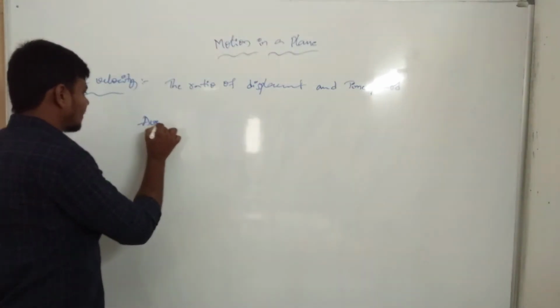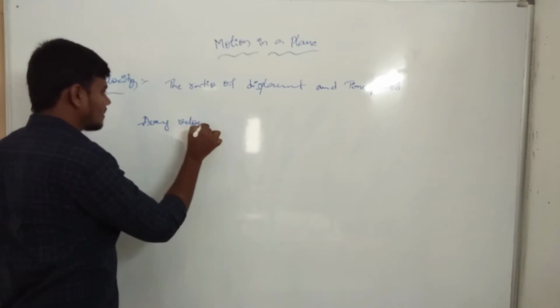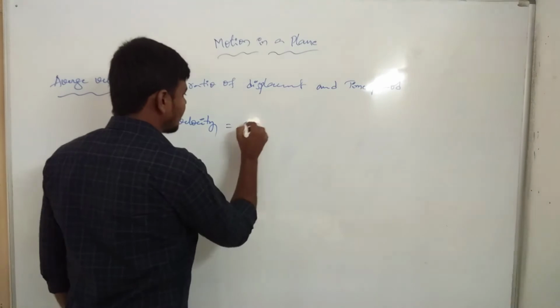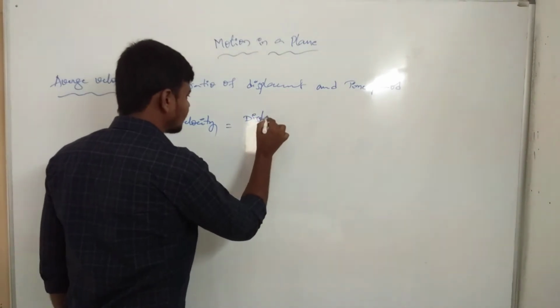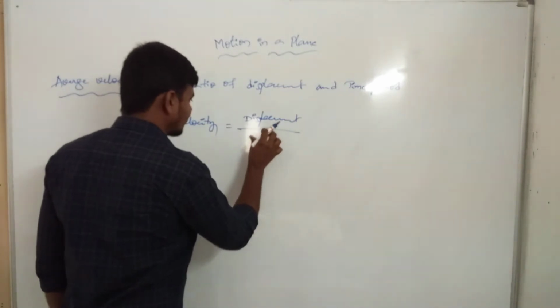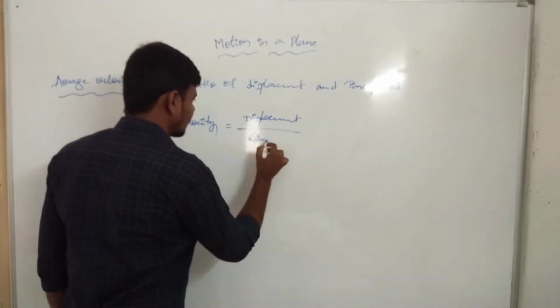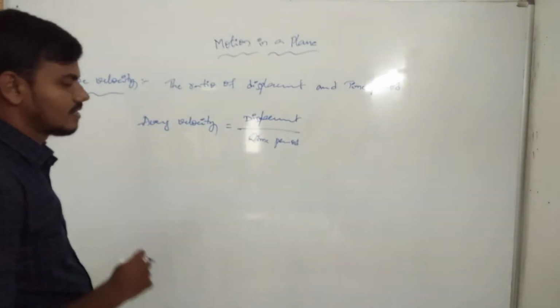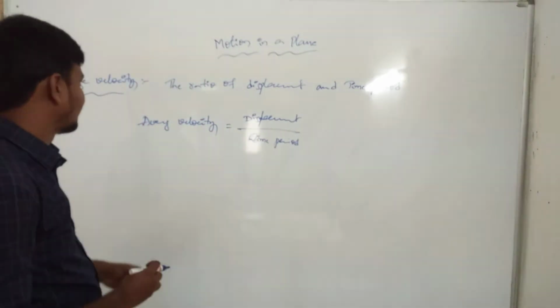Average velocity is equal to displacement by time period. This fundamental definition is known as average velocity.